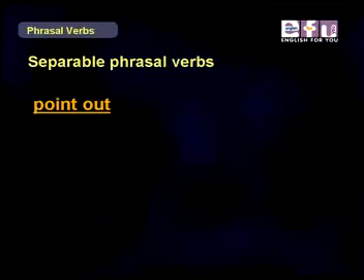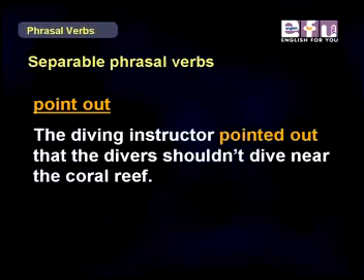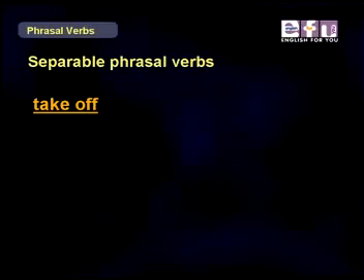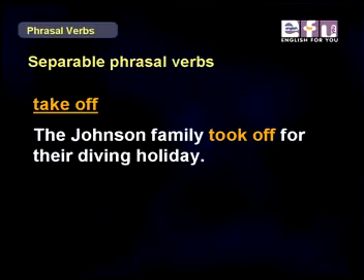To get back means to receive. Point out. The dive instructor pointed out that the divers shouldn't dive near the coral reef. To point out means to indicate or to show. Take off. The Johnson family took off for their diving holiday. To take off means to leave.